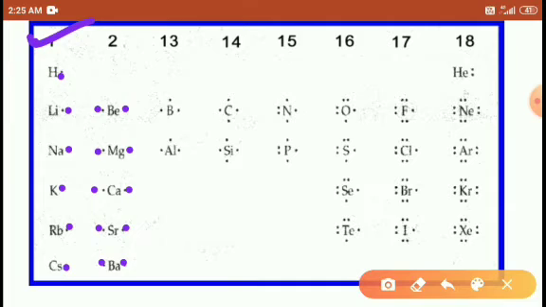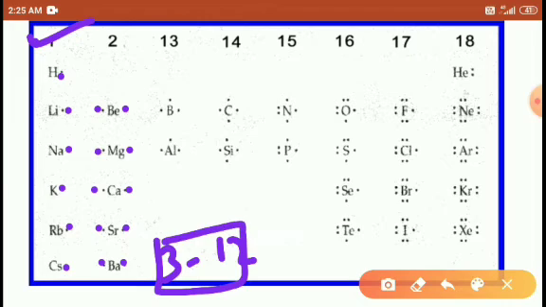Next, group 13. We are not using groups 3 to 12 here because they have variable valence electrons. Why they have variable valence electrons, we will discuss in the higher classes. For group 13, the second digit is 3, so that's why it has 3 valence electrons.